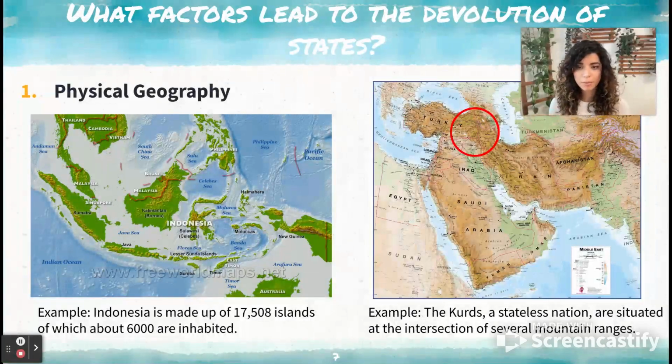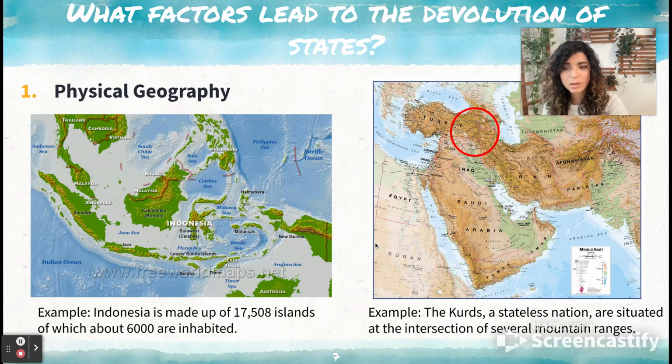Here we have a couple more examples. Indonesia, multiple islands that can create some devolution. The Kurds, a stateless nation, which we've already used as an example earlier in this unit, because of that area where they're in geographically amongst mountain ranges, it also allows for that sense of independence and that want of independence.